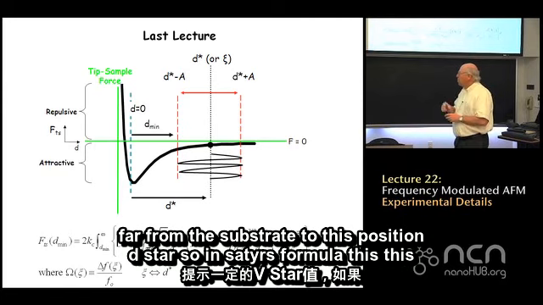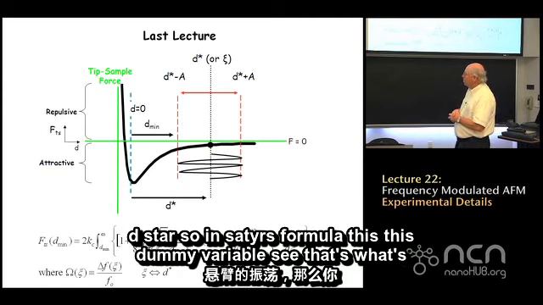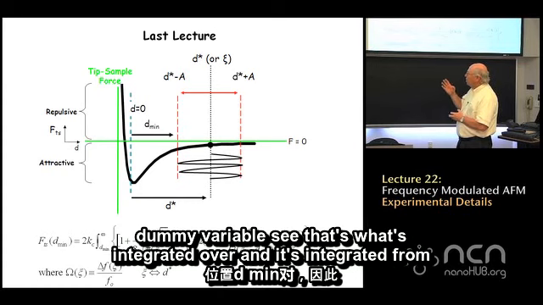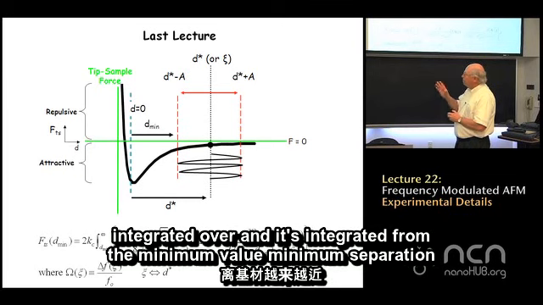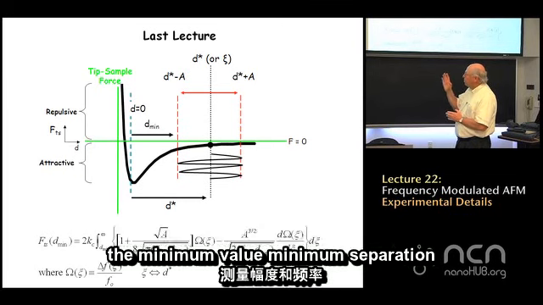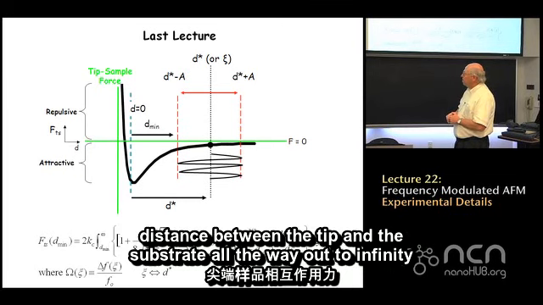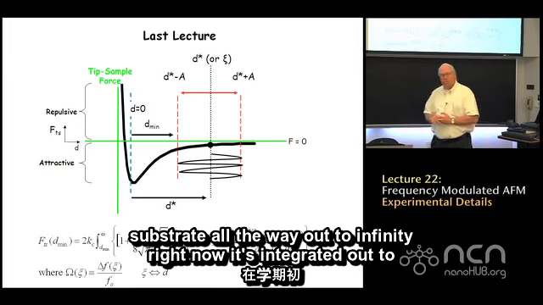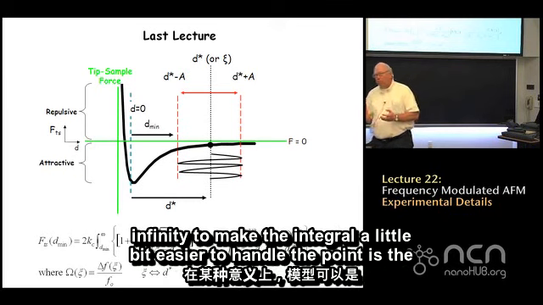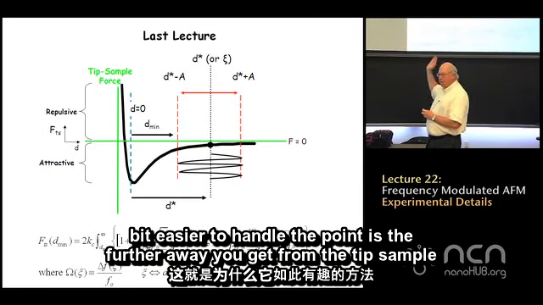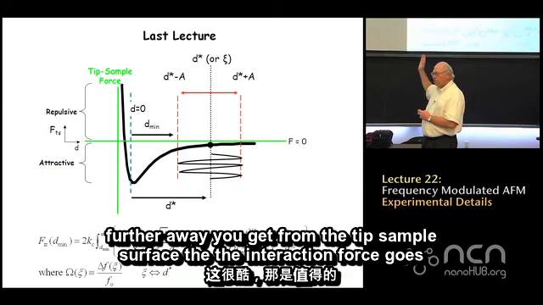So in Sader's formula, this dummy variable C is what's integrated over, and it's integrated from the minimum separation distance between the tip and the substrate all the way out to infinity. Right now, it's integrated out to infinity to make the integral a little bit easier to handle. The point is, the further away you get from the tip sample surface, the interaction force goes to 0.